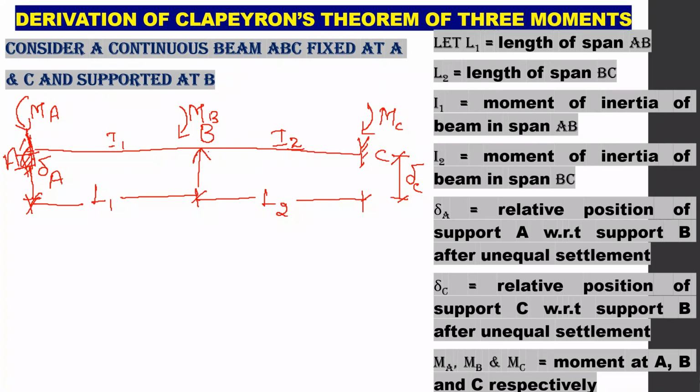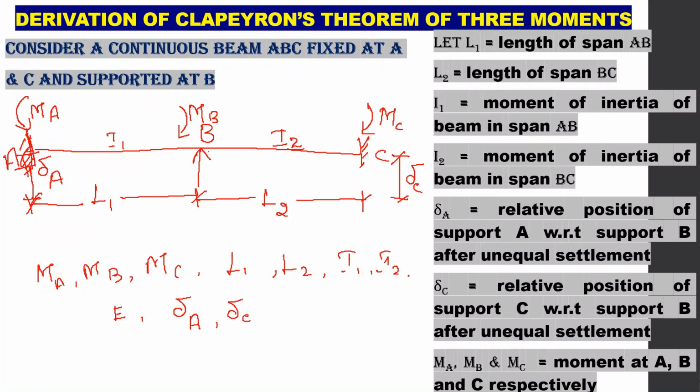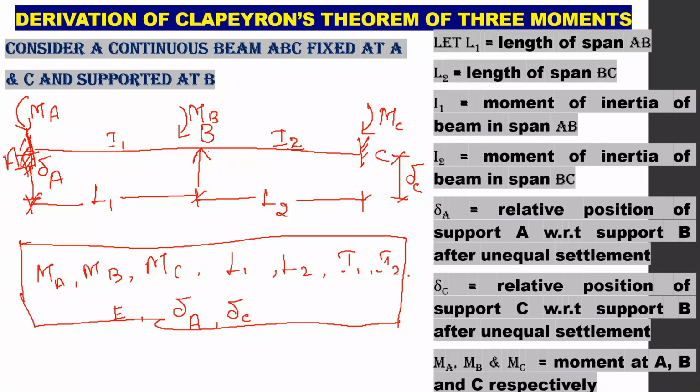Clapeyron's theorem gives the relationship between MA, MB, MC, their lengths L1, L2, their moments of inertia I1, I2, the modulus of elasticity E and the settlements delta A and delta C. This relationship is called Clapeyron's theorem of three moments. That is what we are going to see now.